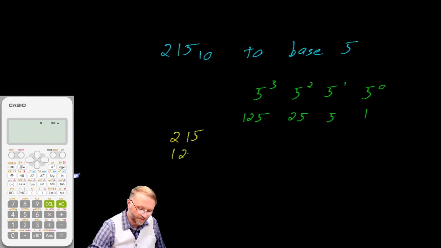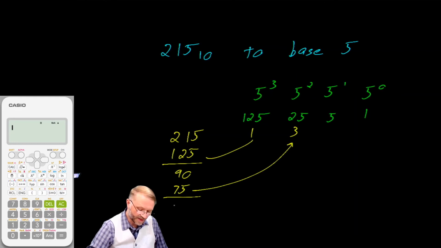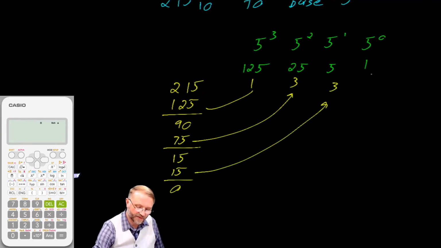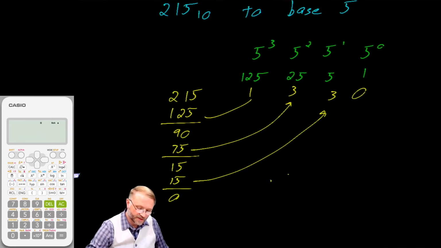The answer is 1, with a remainder of 90. How many times does 25 go into 90? The answer is 3, and that gives us a remainder of 15. How about 5? How many times does 5 go into 15? The answer is 3, and we're left with nothing, so we'll just put a 0 there. Which means our number 215 base 10 is equal to 1330 base 5.